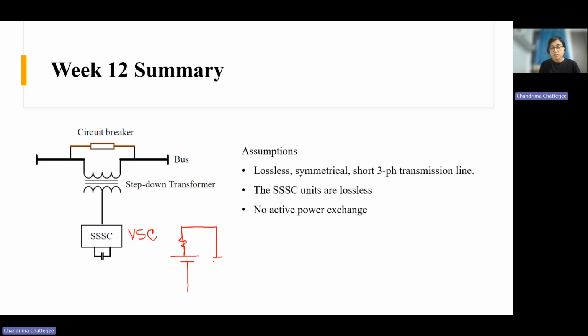Then there will be a DC link capacitor, and then the VSC, which usually has three half bridges for a three-phase system.